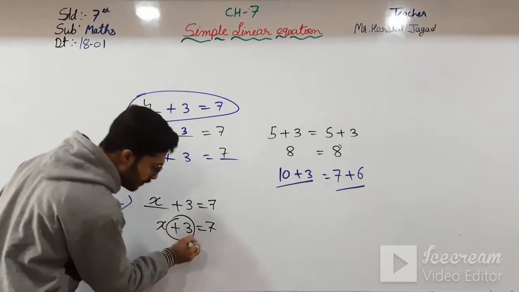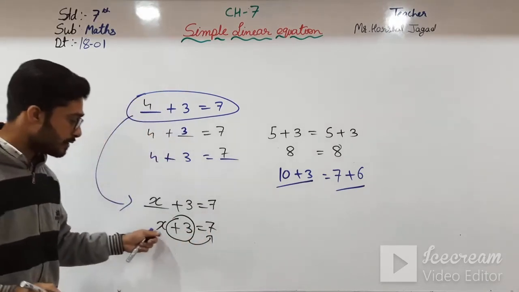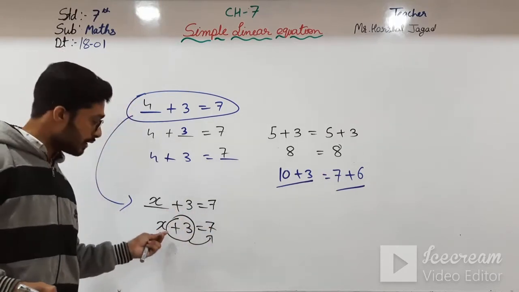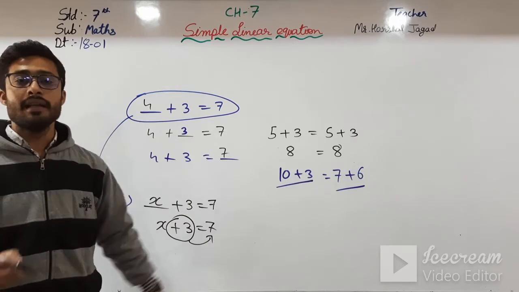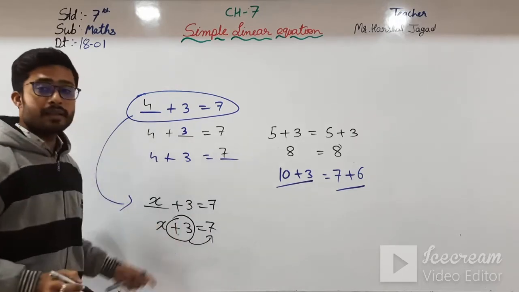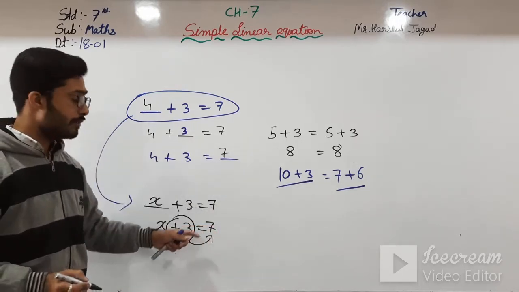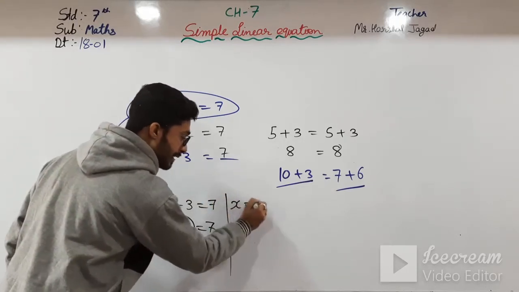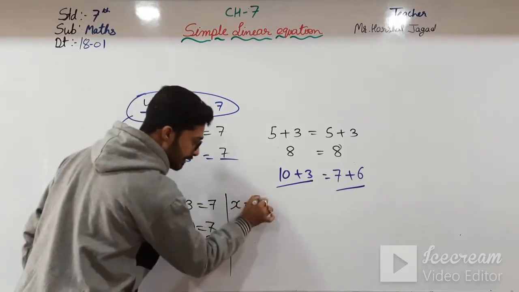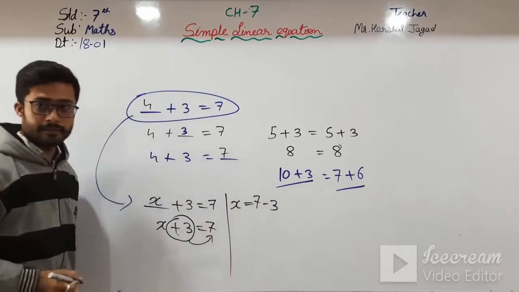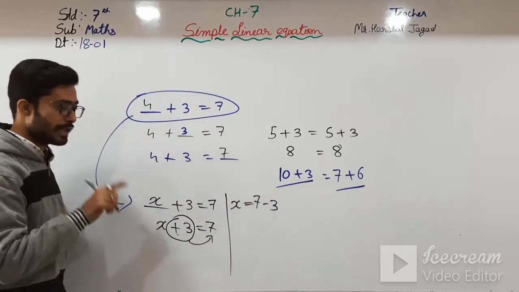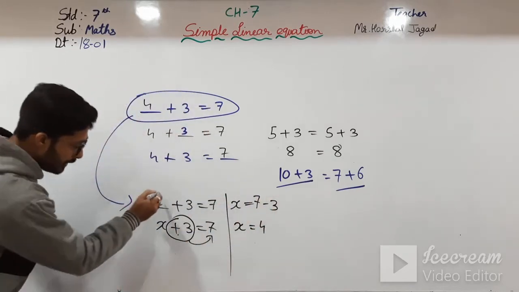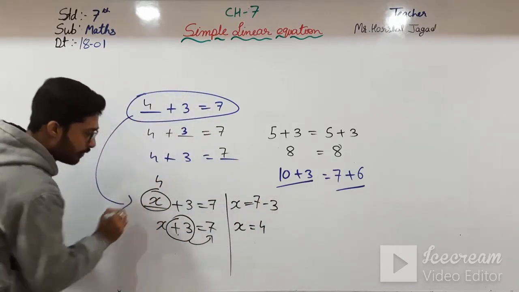When it moves to the other side of the equal sign, the plus becomes minus. So we can write x is equal to 7 minus 3, then we get x is equal to 4. So the value of x is equal to 4, so 4 plus 3 is equal to 7.